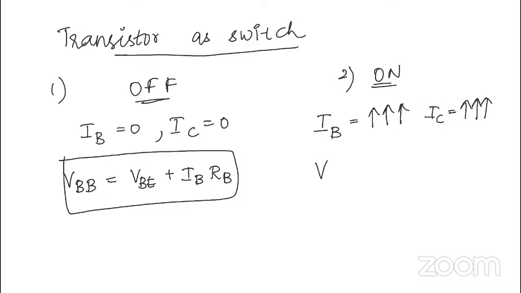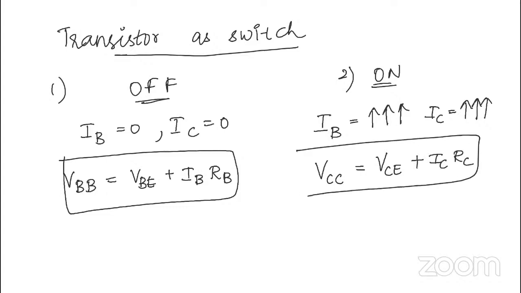So here VCC, the common collector value, equals VCE plus IC into RC. When the switch acts, if they ask what will be the equation for the on and off conditions, you should know how to write these two equations.